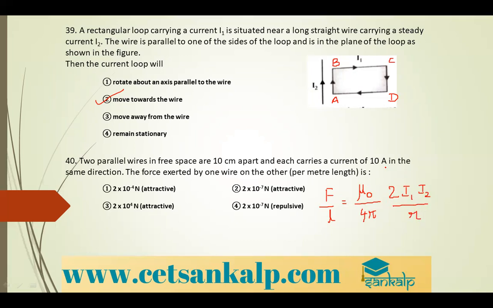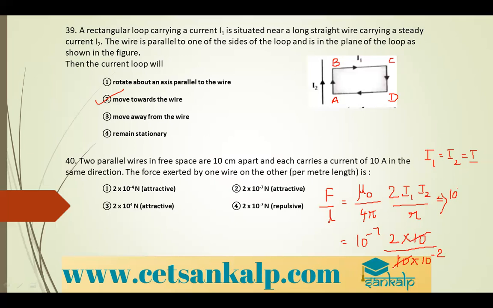But the current both are moving in the same direction ಅಂದ್ರೆ I1 is equal to I2 is equal to I. ಸೊ ಅವಾಗ ಇದೇನಾಯಿತು, ಮ್ಯೂ ನಾಟ್ ಬೈ 4 ಪೈ ಅಂದರೆ 10 to the power minus 7. ಇಲ್ಲಿ ಬರಿತೀನಿ, 10 to the power minus 7, 2 into ಇದೆಲ್ಲ ಈಕ್ವಲ್ ಅಂದರೆ ಐ ಆಯಿತು. ಐ ಇಸ್ 10 divided by 10 into 10 to the power minus 2.